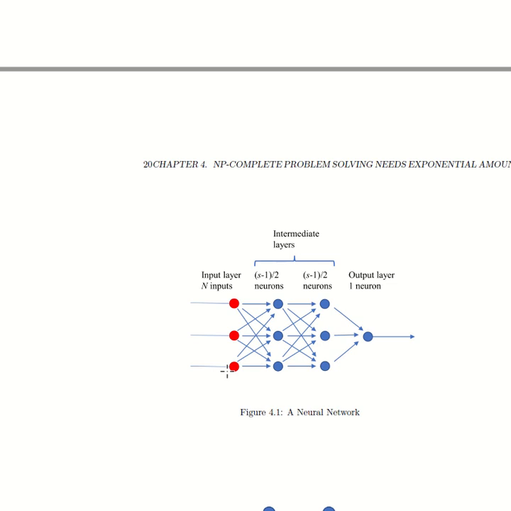Then the number of calculations is biggest, at least after some small number of neurons. This idea is here, that is the maximum number of calculations.